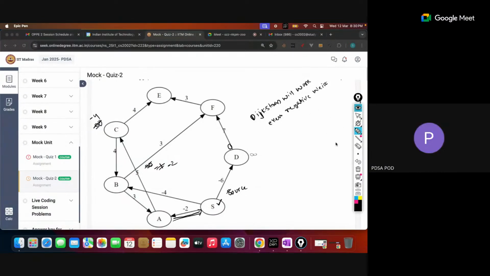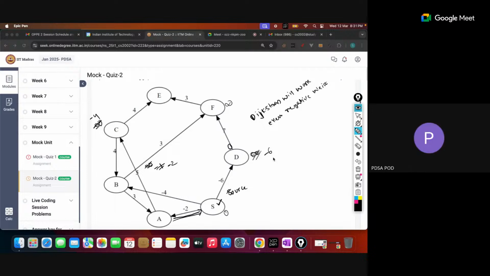Initially it is -6. Infinite becomes -6. So it's going to be 0 now. 0 to -6, so infinite will go and -6 will come. I come from D. That is okay. But there is another way.